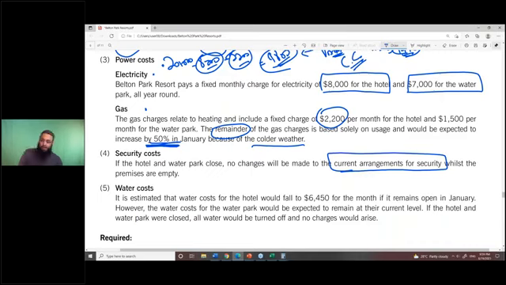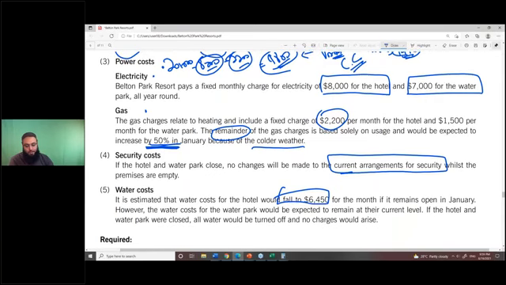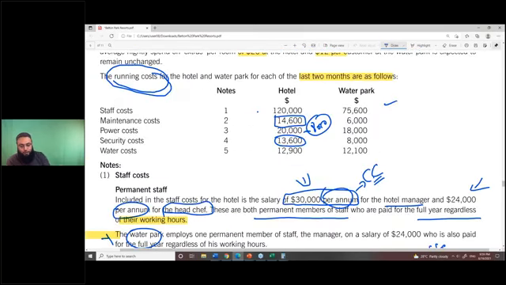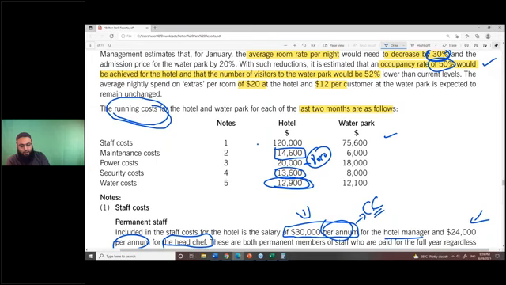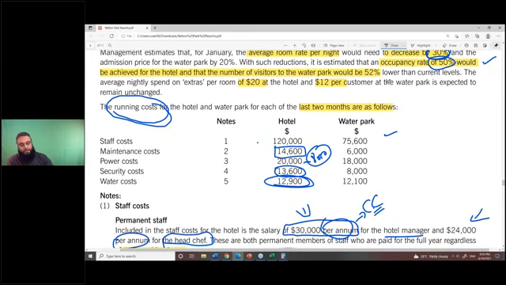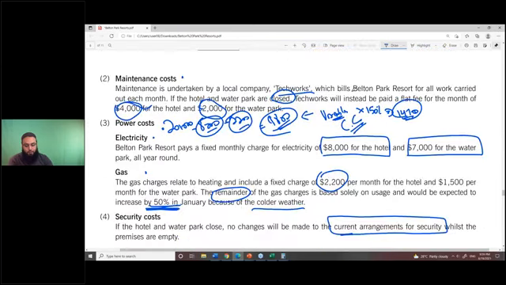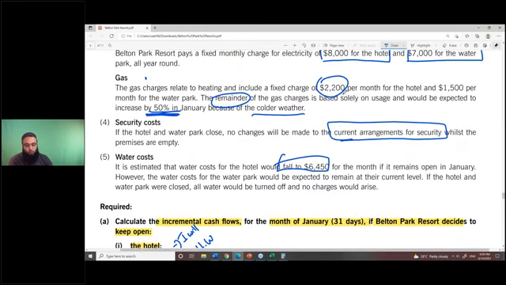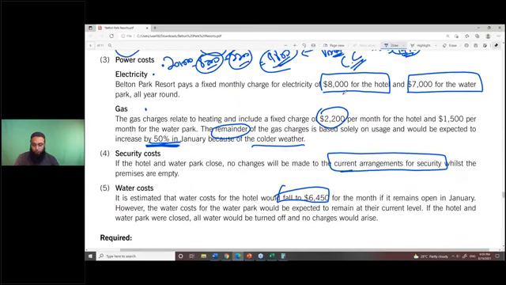Water. It is estimated that the water cost for the hotel would fall to 6,450 for the month if it remains open in January. Now, what is basically the water cost right now? It's 12,900. So it says that from 12,900, it will come down to 6,450.